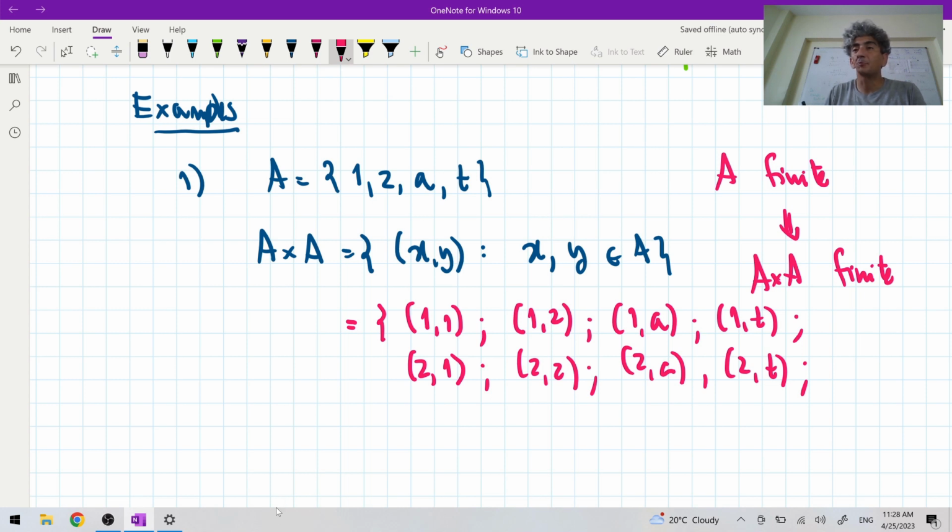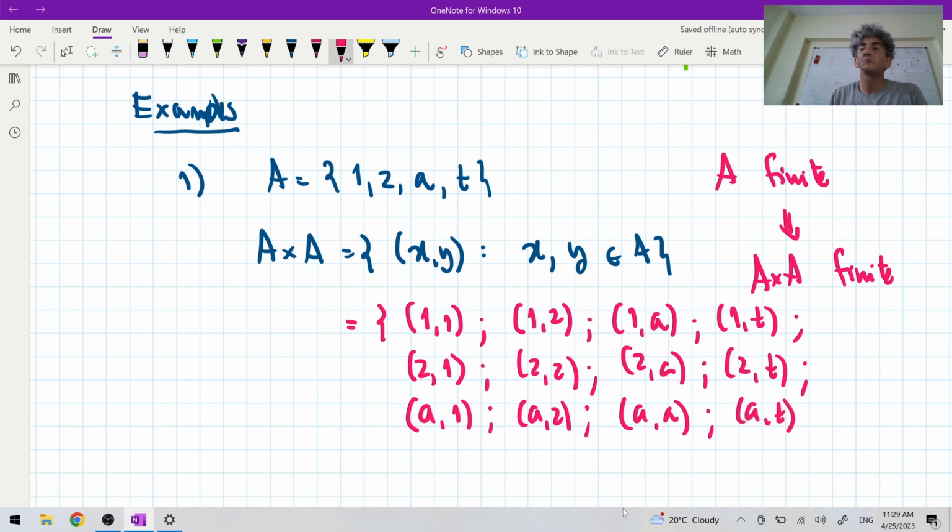Let's put a semicolon there. And then you have the pairs beginning with A: (A,1), (A,2), (A,A), and (A,T), and finally the ones that begin with T, right? (T,1), (T,2), (T,A), and finally (T,T).